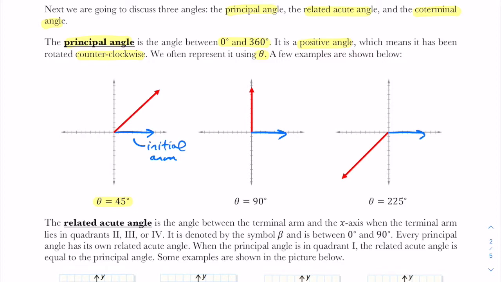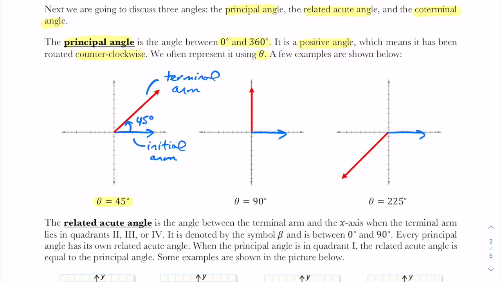But if you rotate that initial arm through a counterclockwise angle of 45 degrees, you'll end up somewhere where the red line is. So that would be your terminal arm. And by convention, we've rotated 45 degrees counterclockwise. That would be the principal angle.